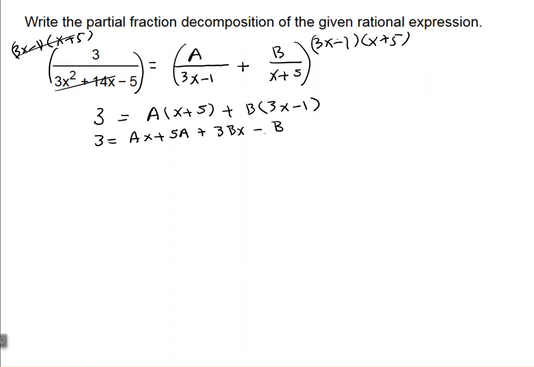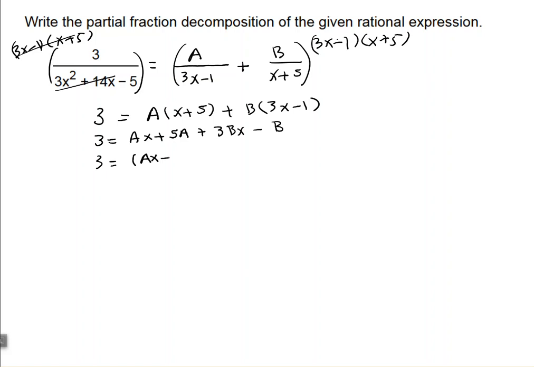Okay, so we have A times x plus 5 times A plus 3 times B times x minus B, because we have B times negative 1. All right, let's get those like terms written in some groups here.